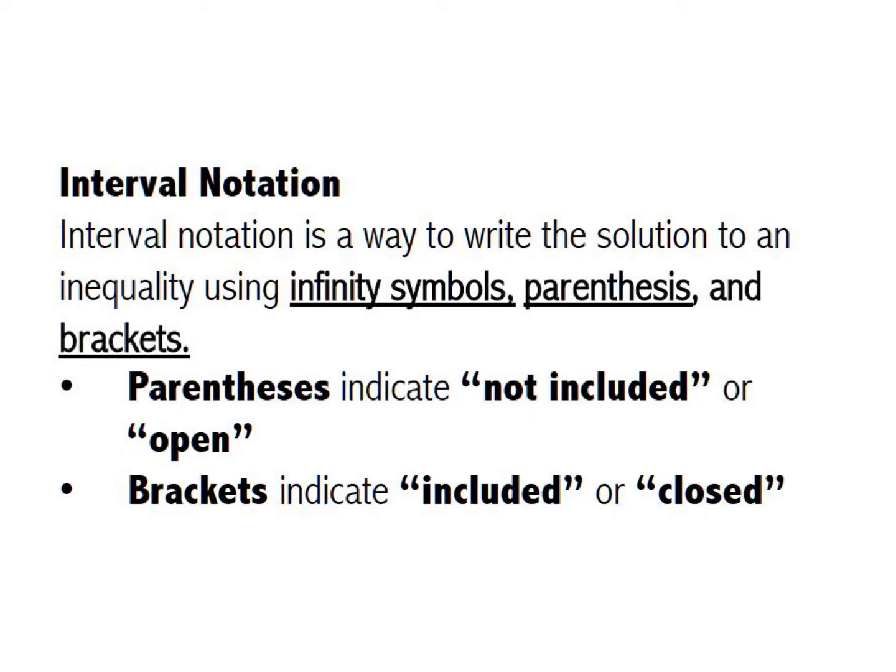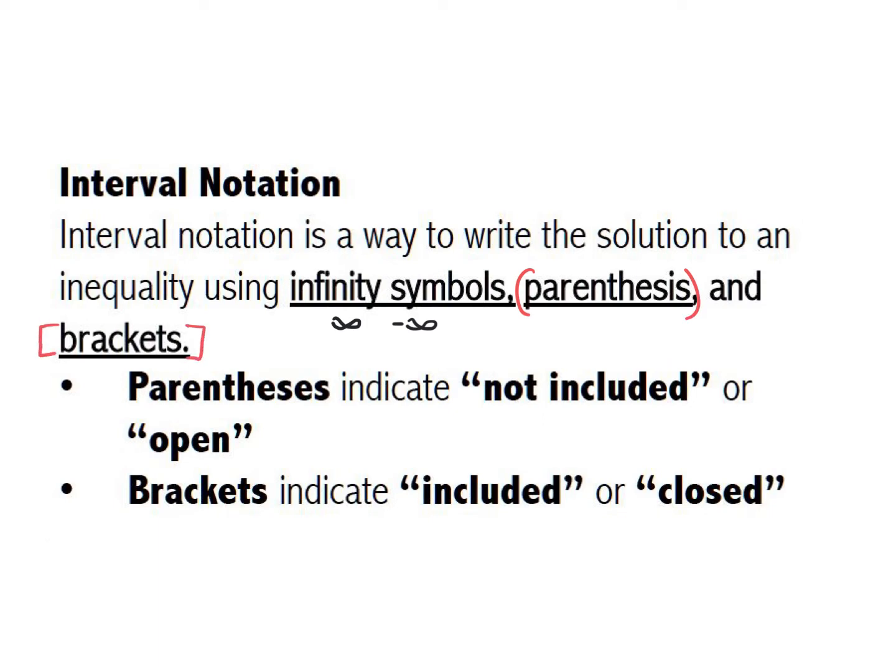Interval notation, so this is a definition. Interval notation is a way to write the solution to an inequality using infinity symbols. Just in case you've never seen the infinity symbols, this is a positive infinity and this is a negative infinity. Parentheses and brackets.